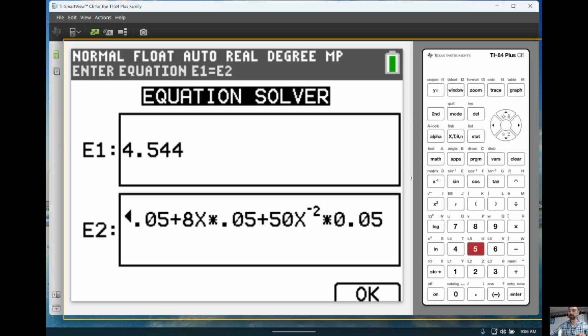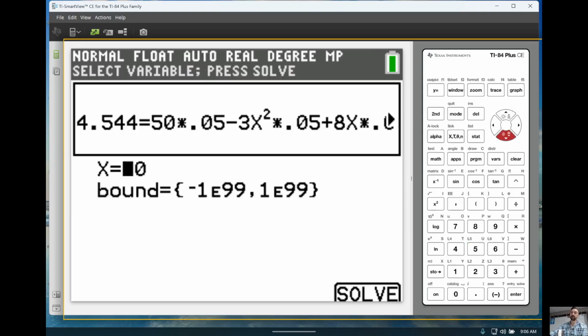Okay, I think I have that typed in correctly. But basically, if you go to equation solver, you give it one side of your equation, give it the other side of the equation. You can press down to go to this next screen, and then this is where your answer is going to be. But this is not the answer. This is the answer from last time I used this.